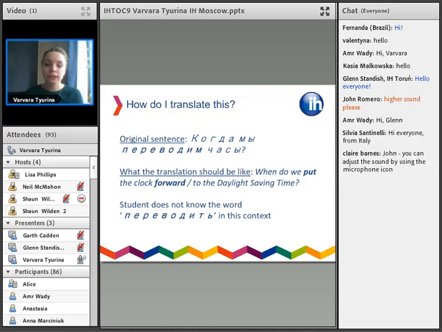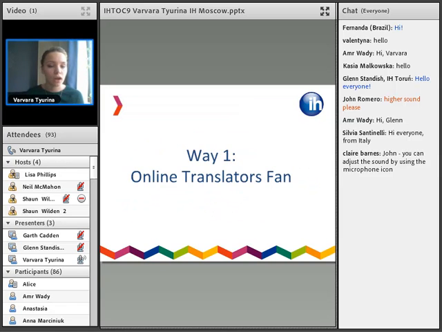And the situation is that the student doesn't know how to translate one word, the word переводить. And this word has multiple meanings in the Russian language, so the translation will be different depending on the context. So here is what he can do.